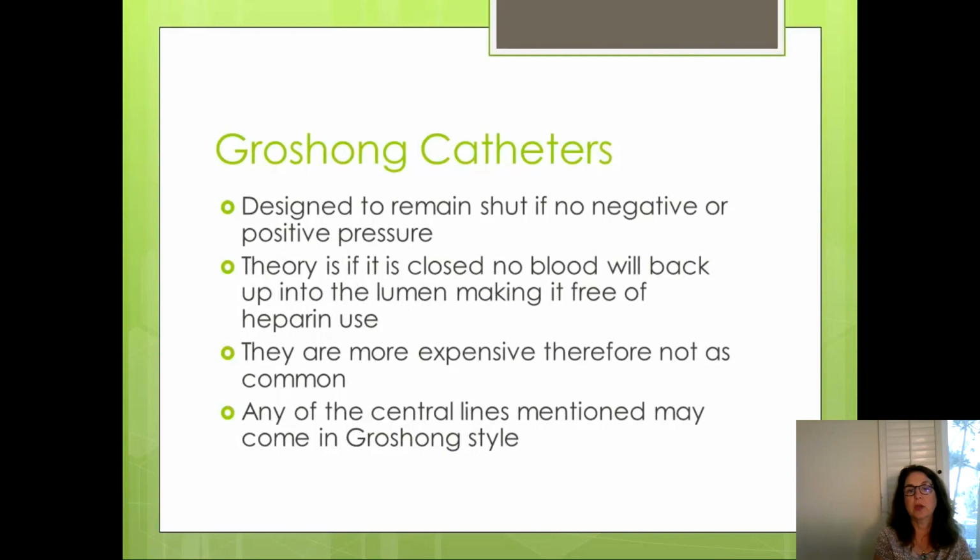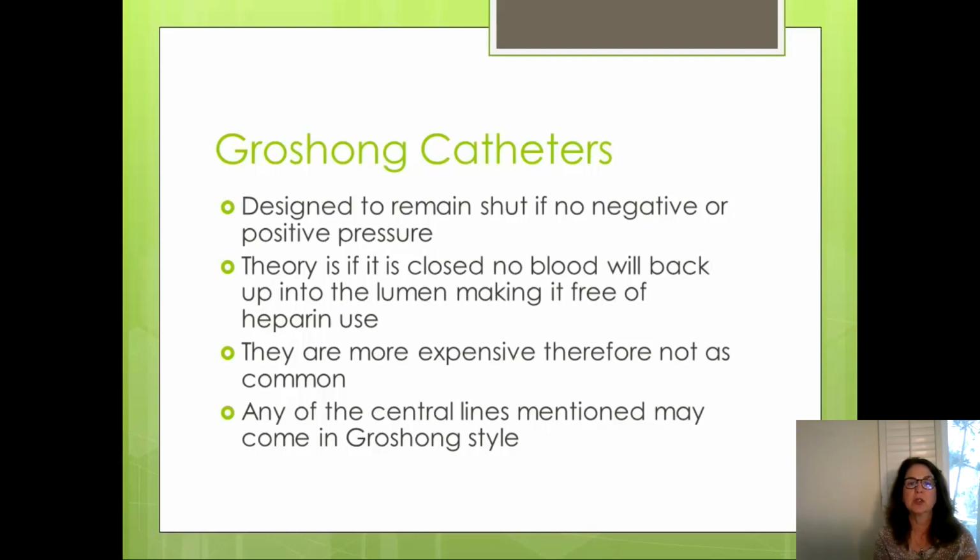Groshong catheters. Okay, this is just a fun one to say, basically. It's designed to remain shut if no negative pressure or positive pressure. So this is slightly extra expense. With open-ended catheters, blood can back up. It can be with a PICC line. It's a particular type.